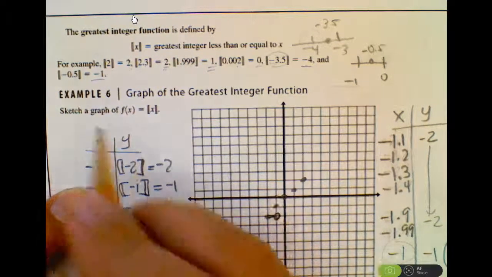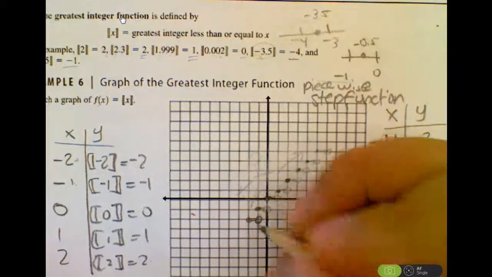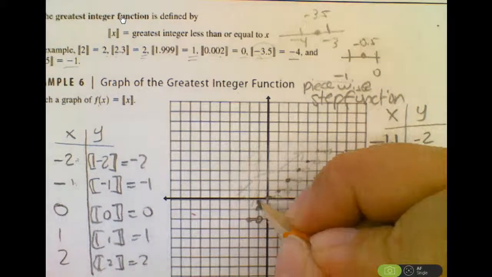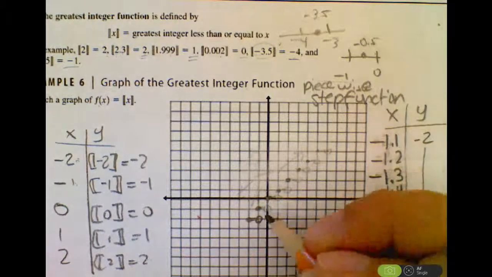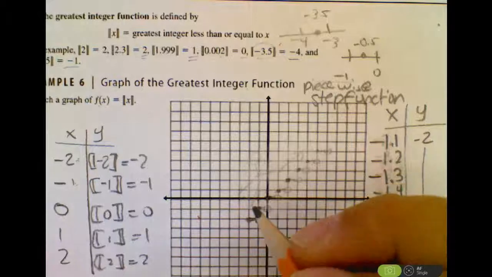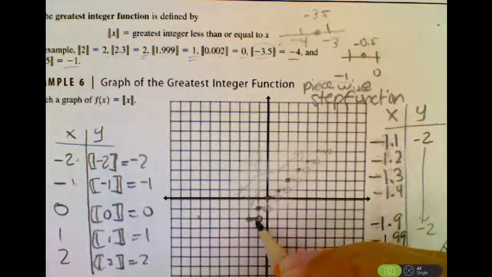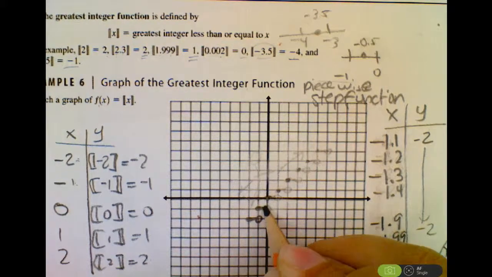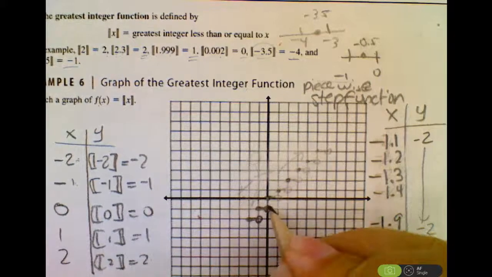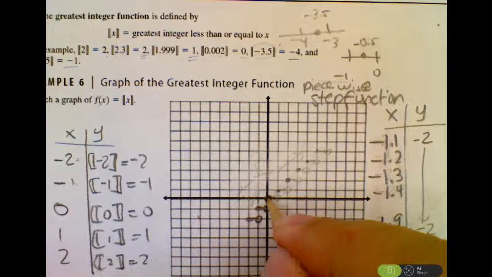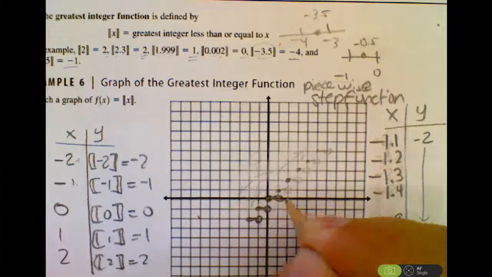So if this is the graph of f, there is no doubt that f of -1 is -1 and not -2. The same thing is going to happen between -1 and 0. So it's going to be constant until it hits the point of 0. That's where it's open. And then f of 0 is 0. So this point is closed, constant, and then open.